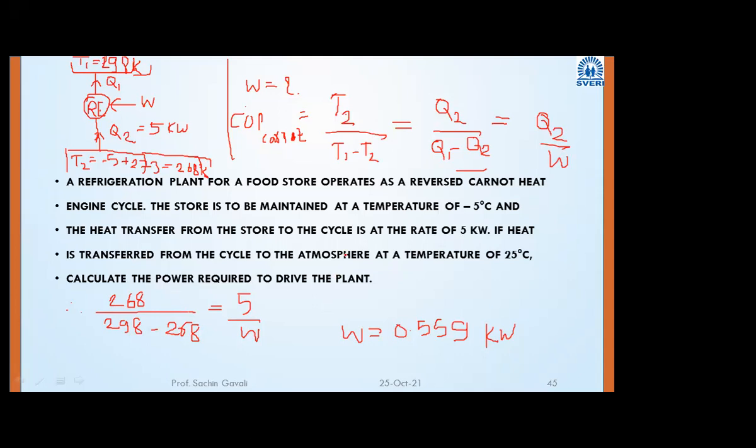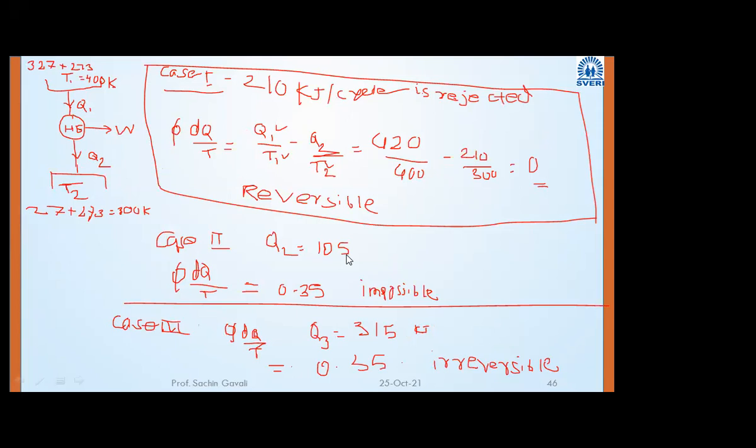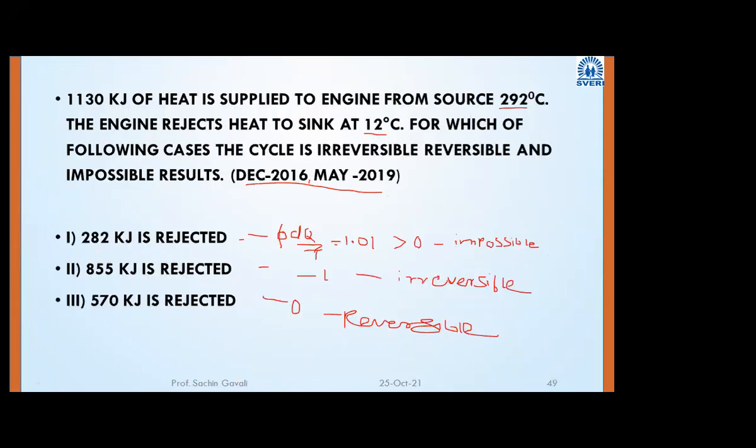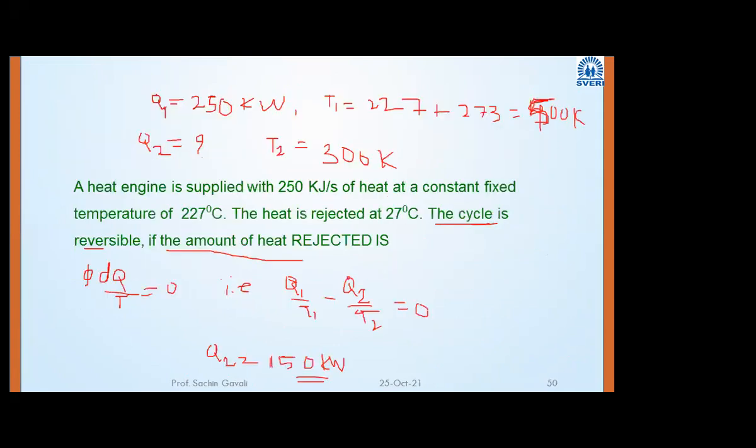Okay, take this numerical. The heat engine is supplied with 250 kilojoule per second of heat at a constant fixed temperature of 227 degrees Celsius.